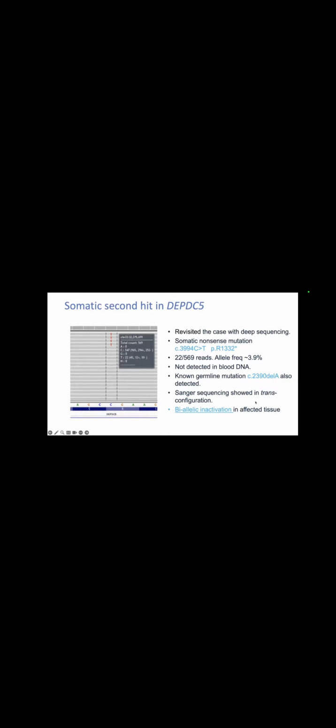And we showed with other work that it was on the other allele, confirming biallelic inactivation of DEPDC5. We were preparing to publish this as the first case of 2 hits, and at the same time, Stephanie Baulac and groups from France published the same type of case. And there have been multiple cases now of 2 hits in DEPDC5 causing FCD.